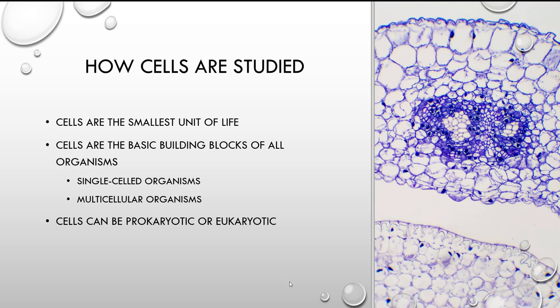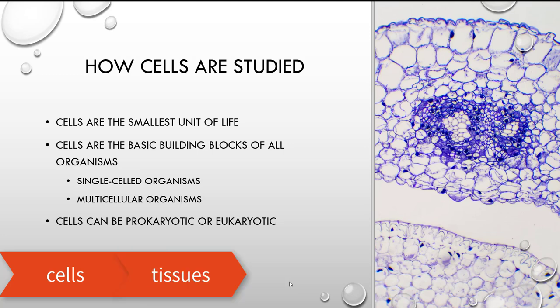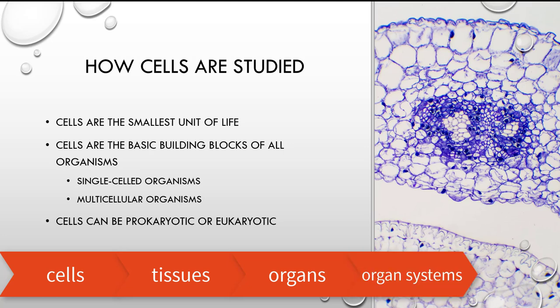Then we talked about continuing life's hierarchy: different types of cells can come together to make tissues, tissues make organs, organs work together to form organ systems, and finally we get an organism. Cells are the basic building blocks of all organisms, and cells can be the actual organism.